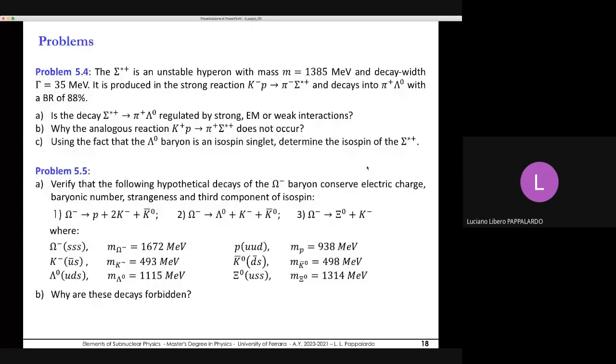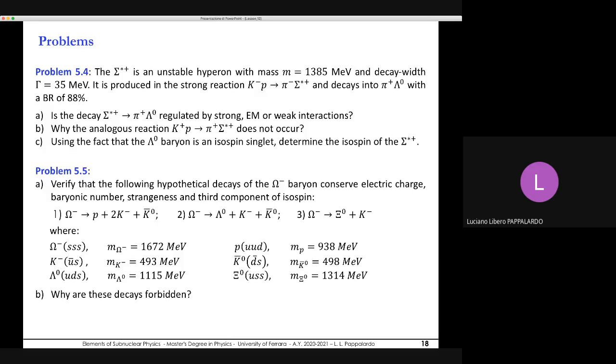Okay, so based on the information you have in the text, can you say why all these decays cannot occur? Energy conservation? Yes, indeed.